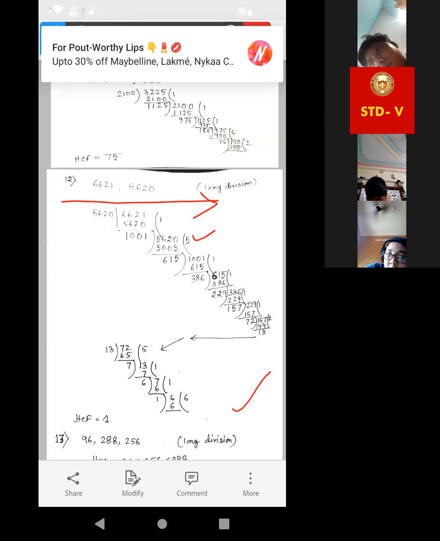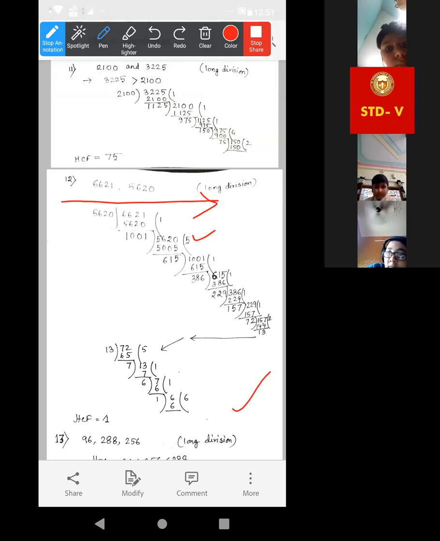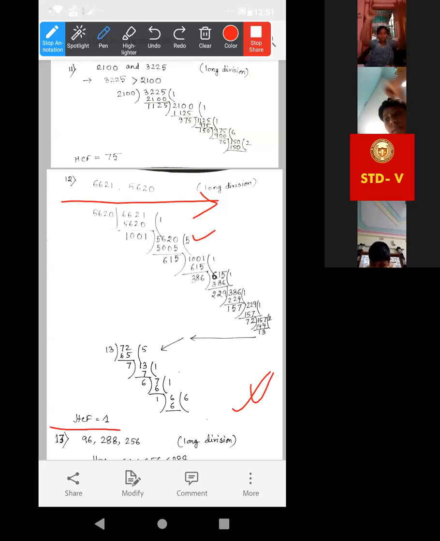Rifa, I have seen your copy also. Next, Shaurjashi, Shauritro, Tazif. Tazif, you joined late, so do up to this. I am giving you 2 minutes to complete up to 12.